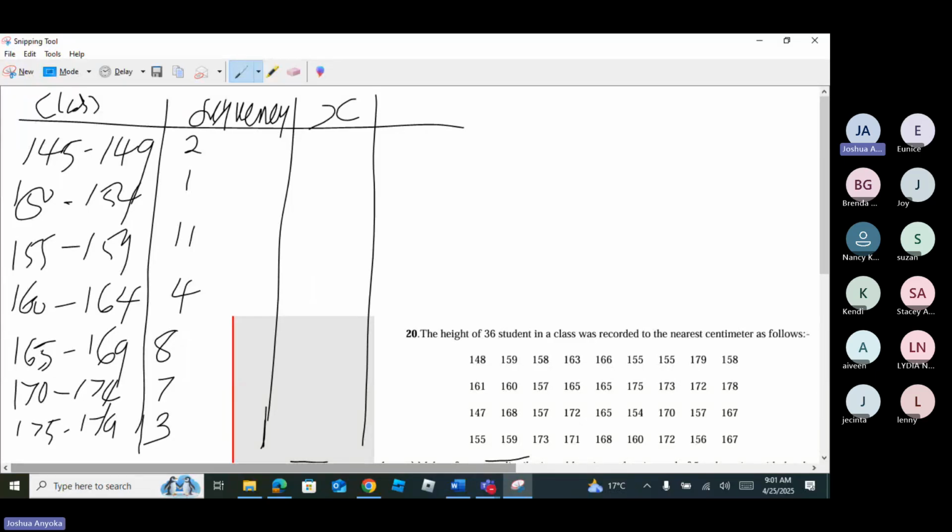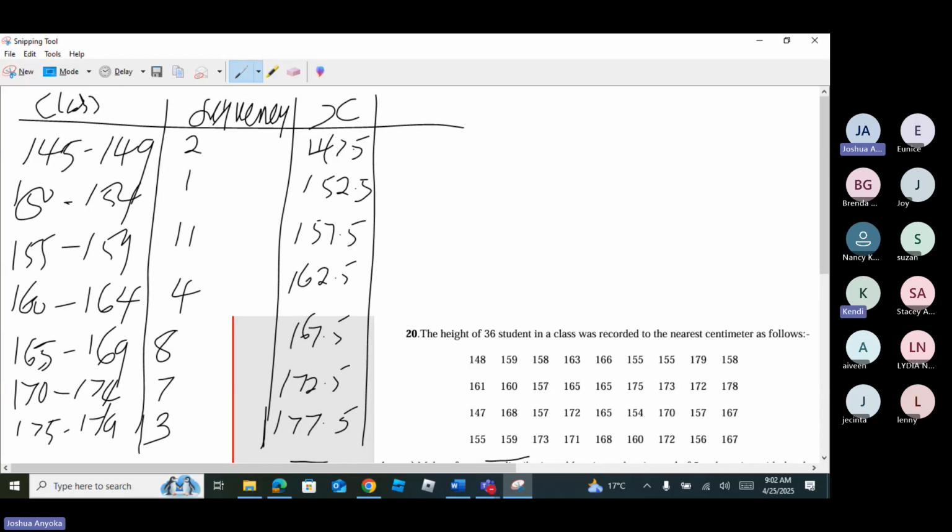The sum of the two divided by 2, we get 147.5. So 147.5, 152, 157.5, 162.5, 167.5, 172.5, 177.5.